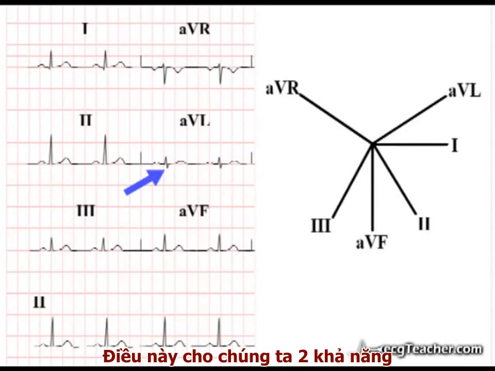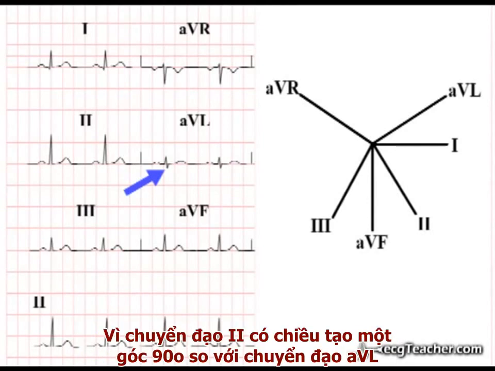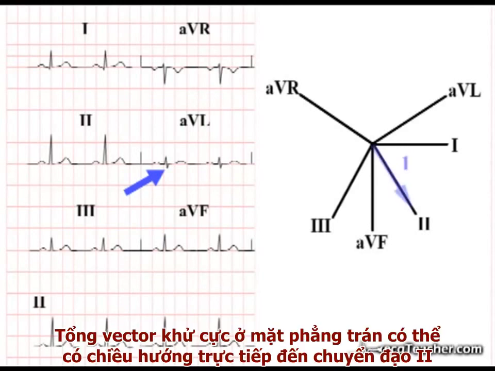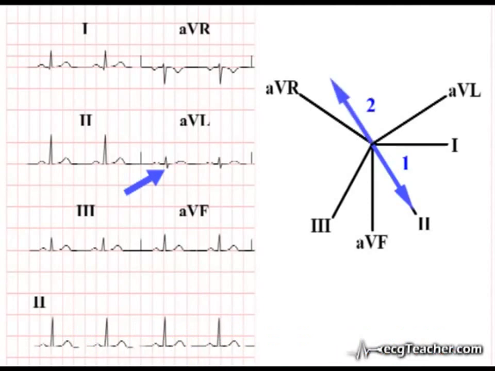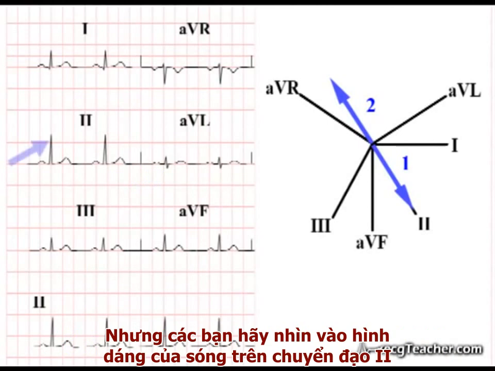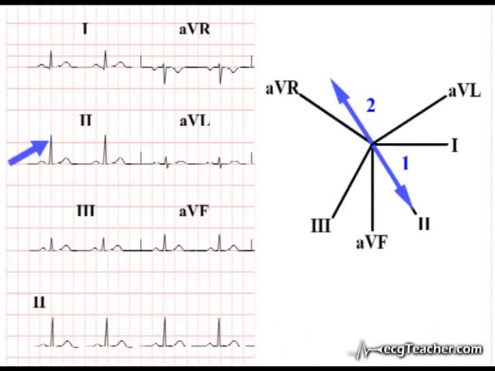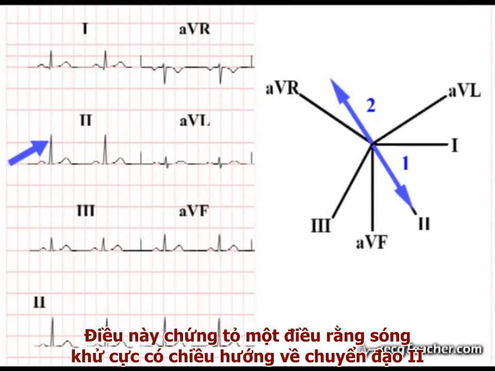This gives us two possibilities. As lead 2 lies at 90 degrees relative to aVL, the total frontal vector may be traveling towards lead 2 or traveling directly away from it. But look at the morphology of the QRS complex in lead 2. It is strongly positive, with a tall R wave indicating that depolarizing forces are in the main traveling within 90 degrees of this lead.